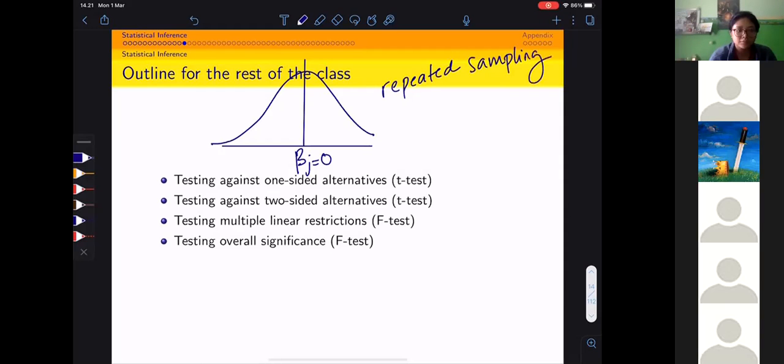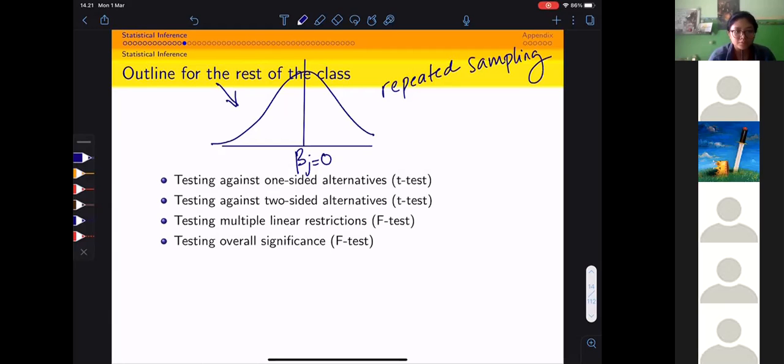Suppose we do a sampling and get an estimate. We get another sample, we get a different estimate. We do that, say, 100 times, and with the different estimates we make a distribution. That distribution is called a sampling distribution.